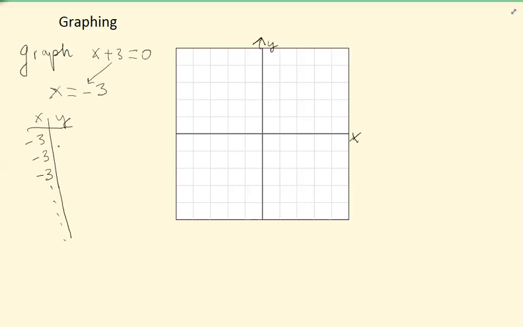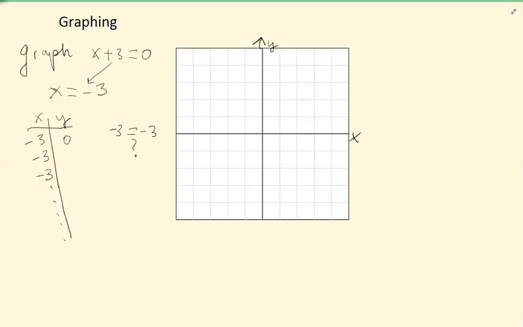Now we don't need that many. If we take this -3 and put it into the equation, we get this. We're trying to solve this for y, but there's no y. As long as this is true, which it is, -3 is -3, y could be anything. This we saw is called an identity. So no matter what I do, I'm going to get any value I want for the y for this equation.